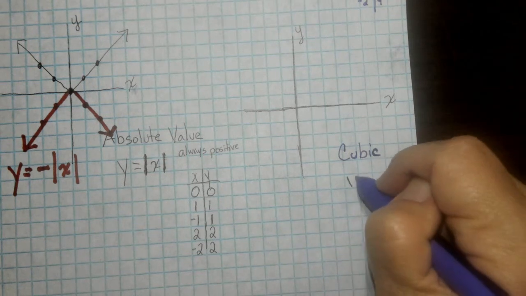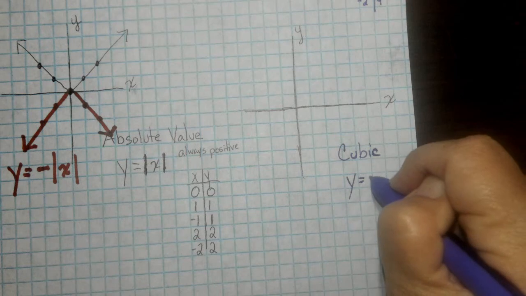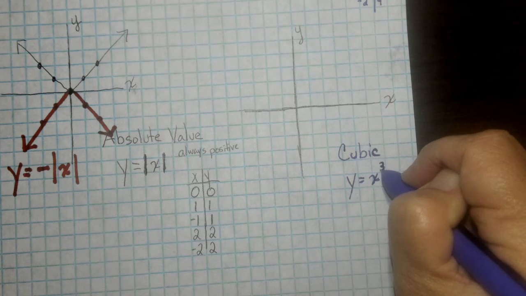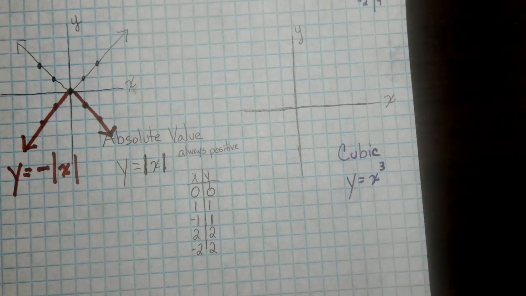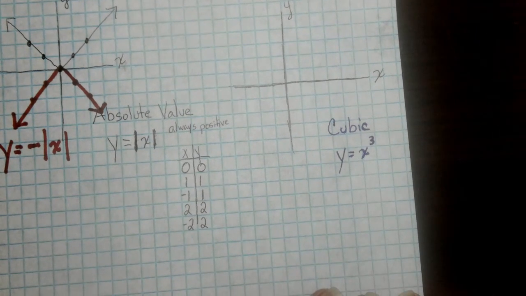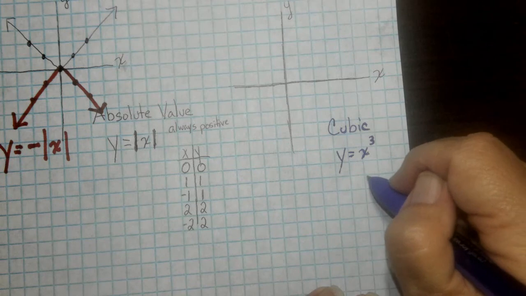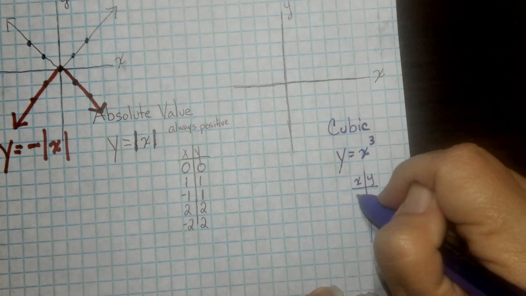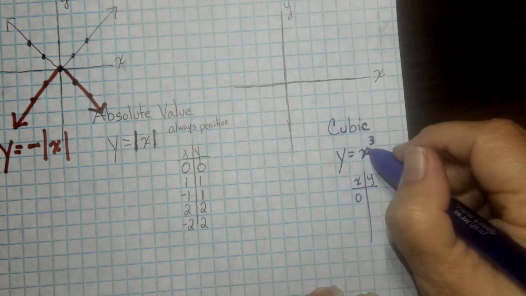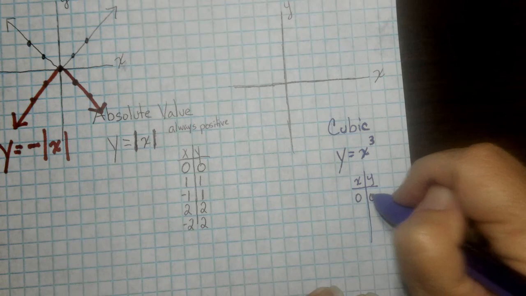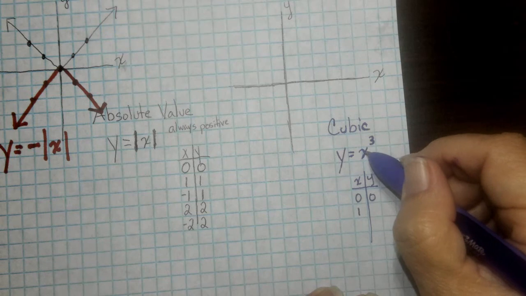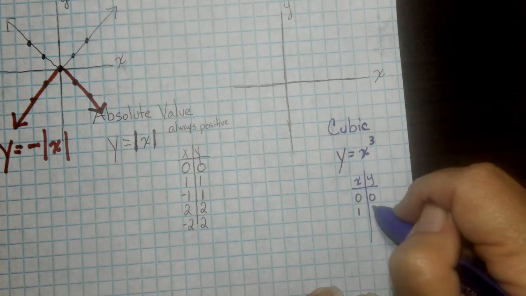So this is going to be y equals x to the third power, cubic. So if I plug in some numbers, x and y, if I plug in 0, 0 times 0 times 0 is still 0. If I plug in a 1, 1 times 1 times 1 is 1.